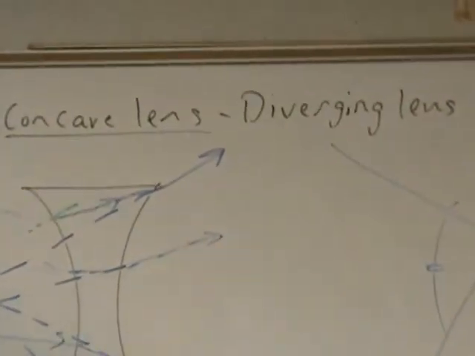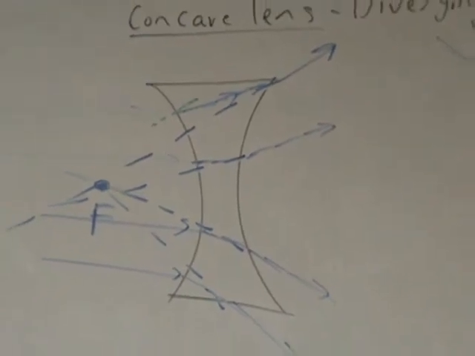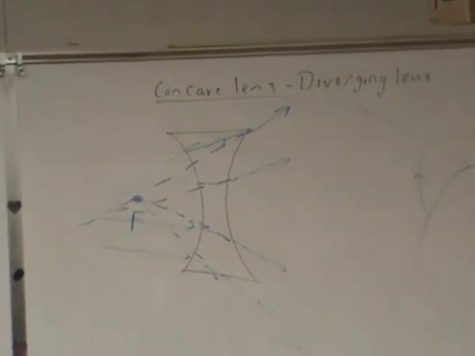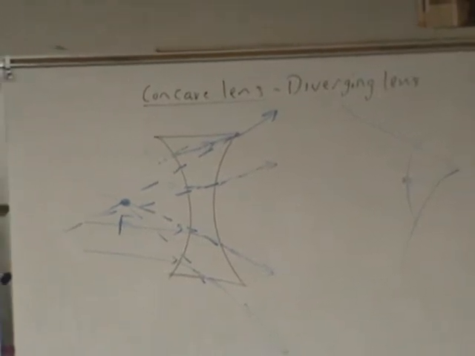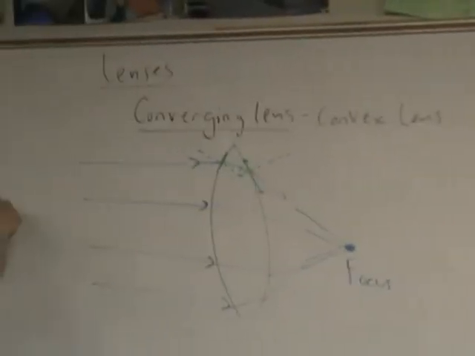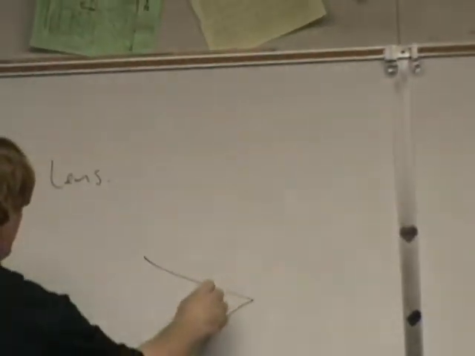It makes parallel light rays diverge. But you can still see an image. It's just you've got to work backwards. One thing I want to make clear about lenses, wherever the object is, your eye is on the other side of the lens. Your eye is on the other side of the lens.